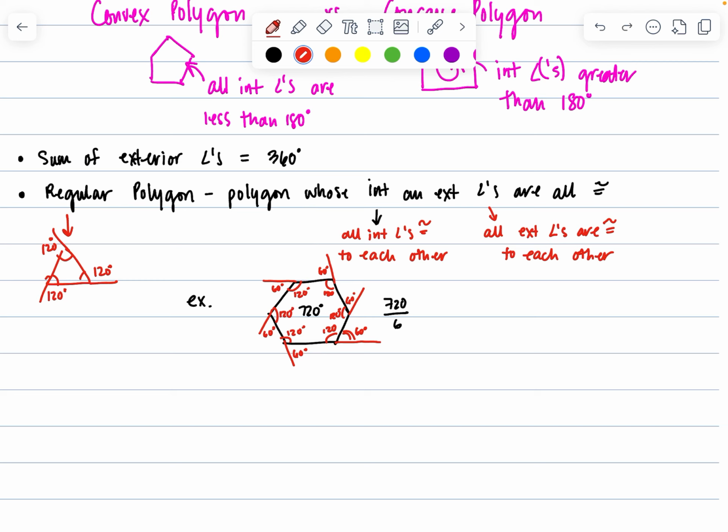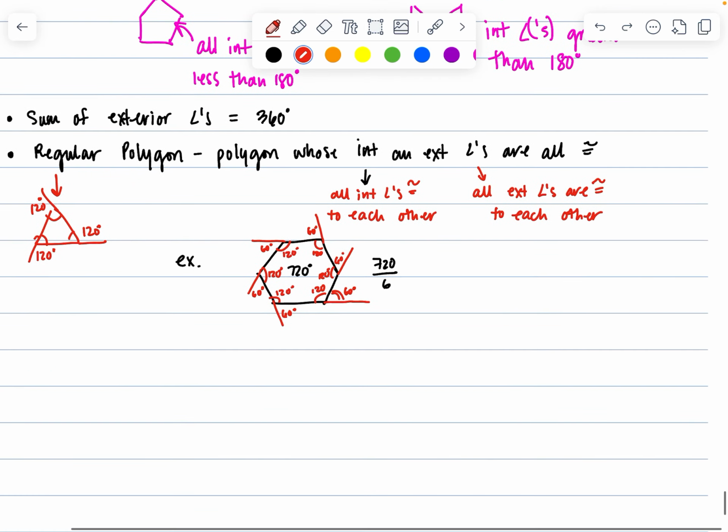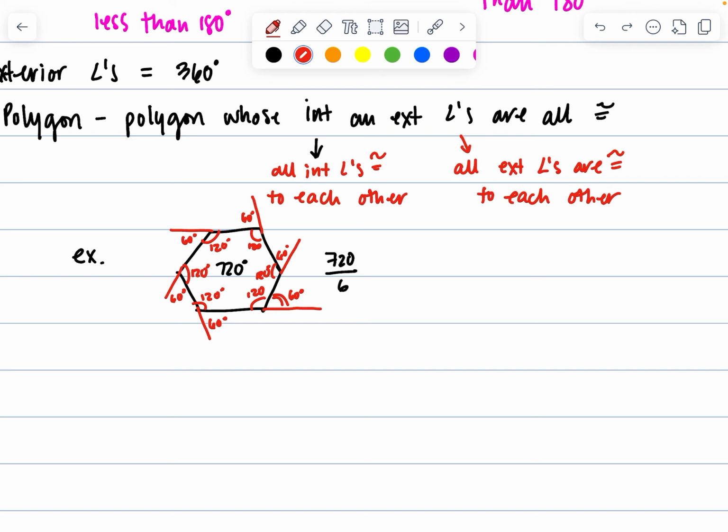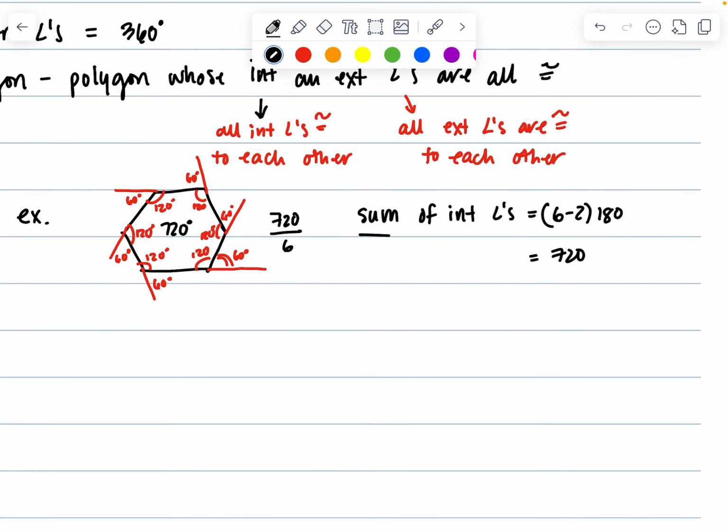You get that idea. Now, there's a really nice, easy way to do that. If we repeated this, you would take the sum of interior angles equation. Sum of interior angles is equal to 6 minus 2 times 180, which would be equal to 720 degrees. So that's the sum of the interior angles.